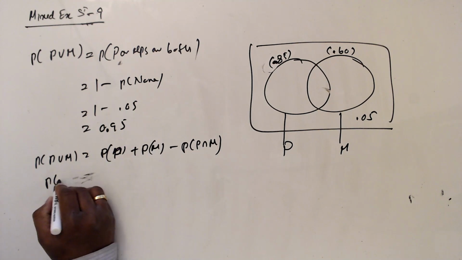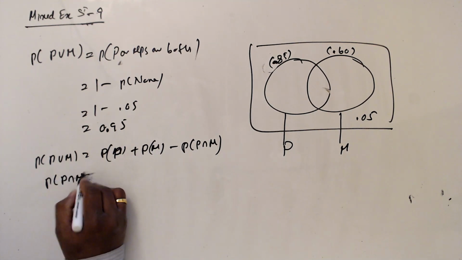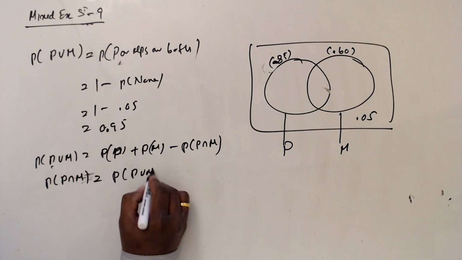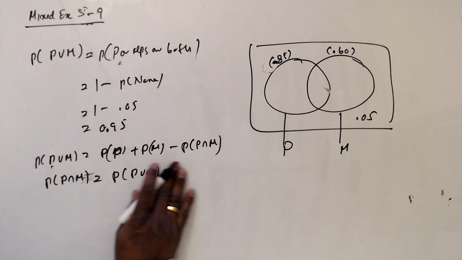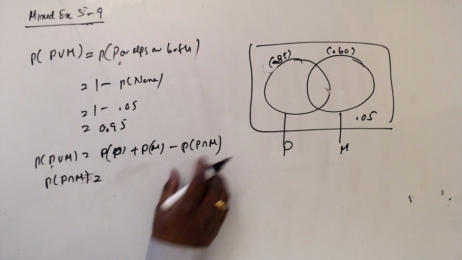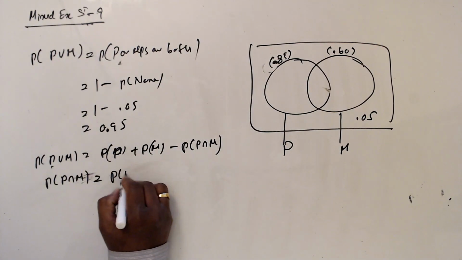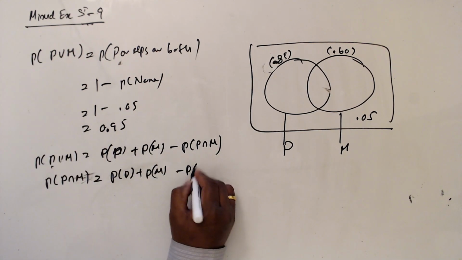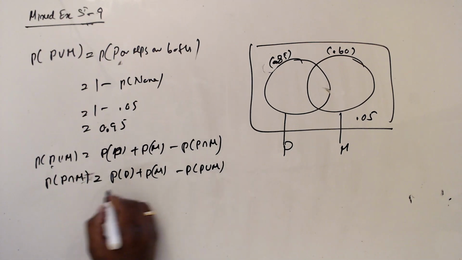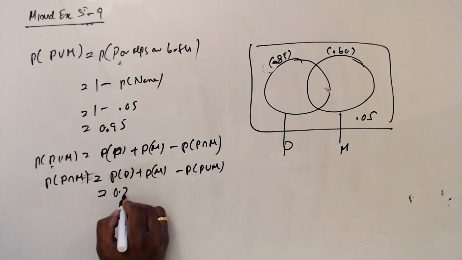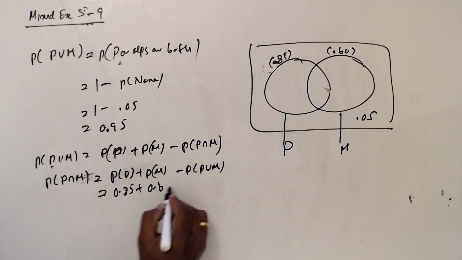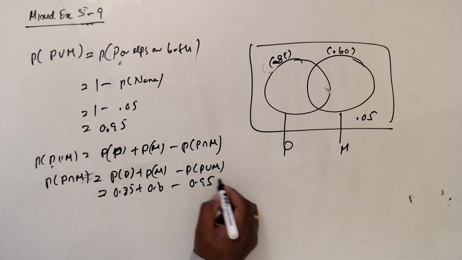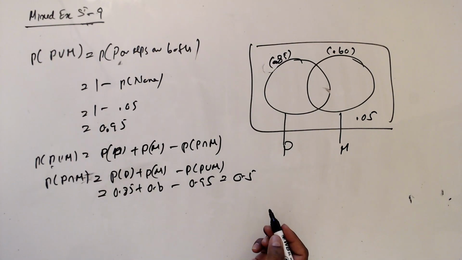So probability of phone intersection MP3, P union M minus, sorry, this will come to here, P plus M, and this will here P union M. So this is going to be 0.85 plus 0.6 minus 0.95, which is 0.5.